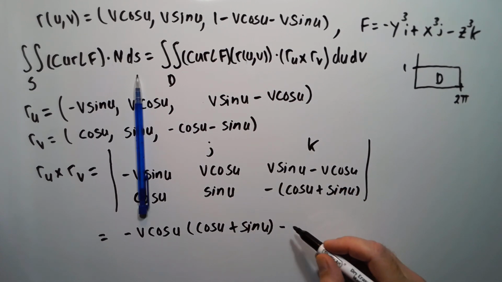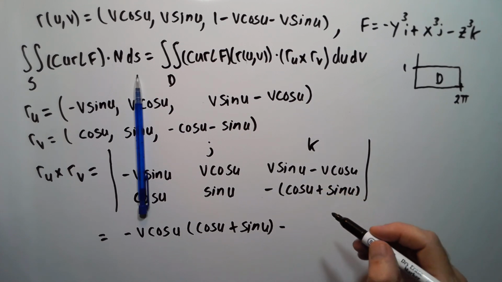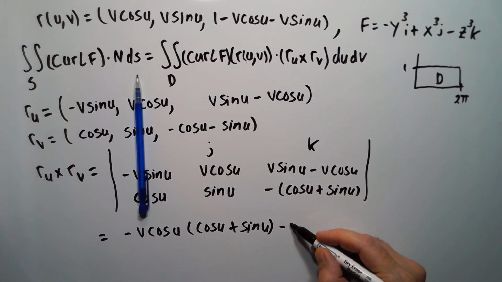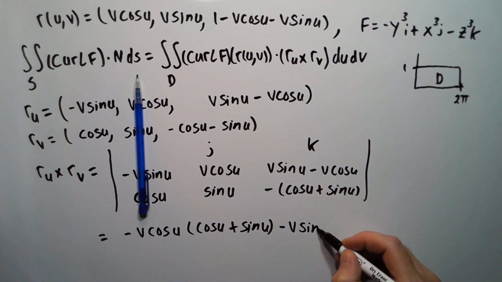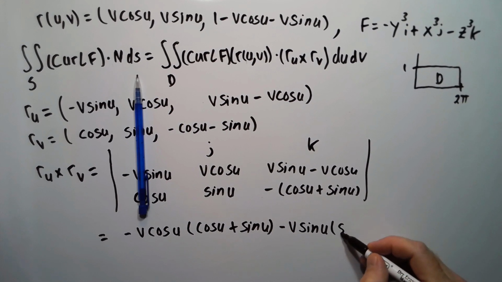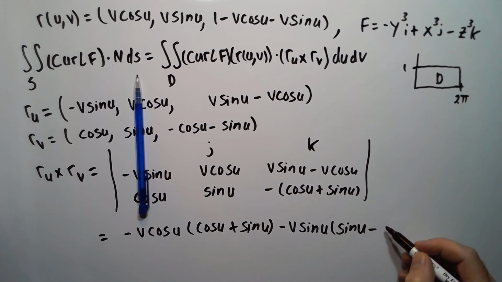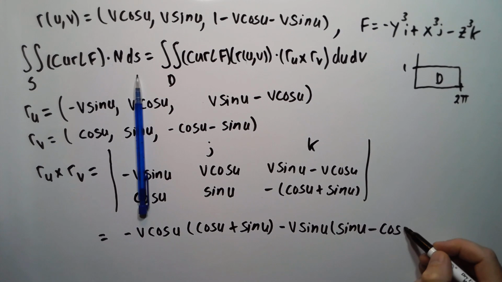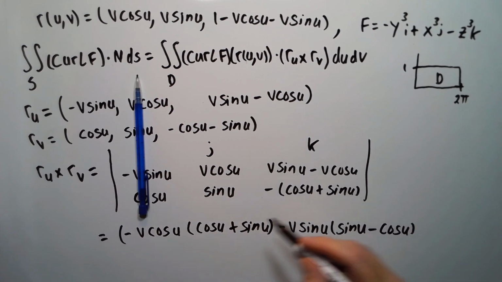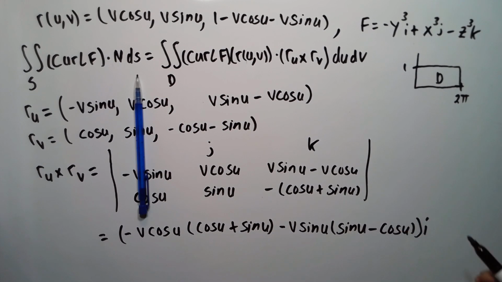So then minus, we can pull a v out of that actually, pull the v in front here, v sine u times sine u minus cosine u. This is all in the i direction.